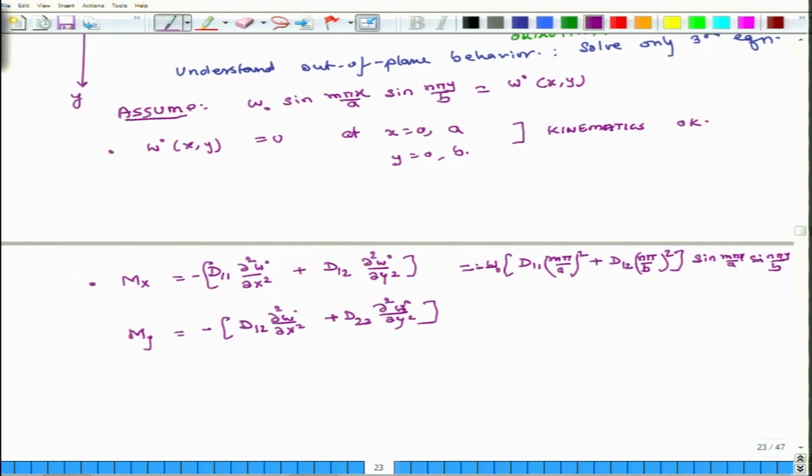And this is minus W naught times D12 m pi over a whole square plus D22 n pi over b whole square, times again sin m pi x over a sin n pi y over b.